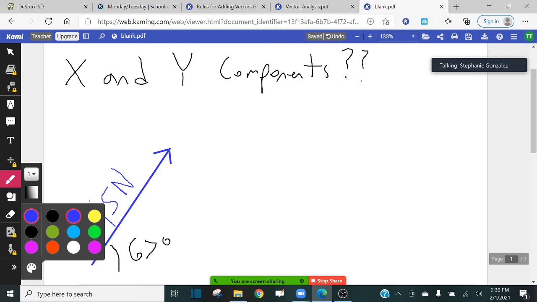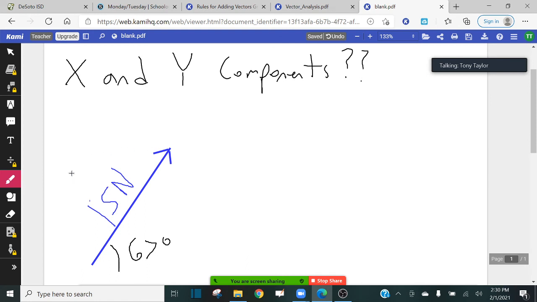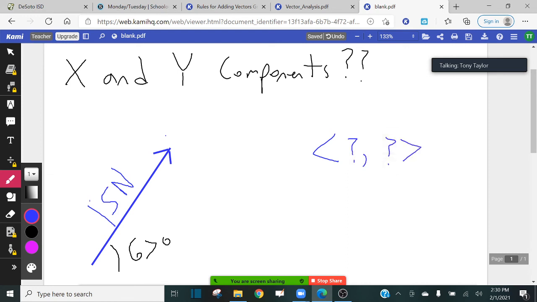I can't hear you. I'm sorry. Can you repeat that? I'm asking if I give you a vector, I give you its direction, and I give you its magnitude, and I'm asking you to find the x and y components of that vector. How will we do that?